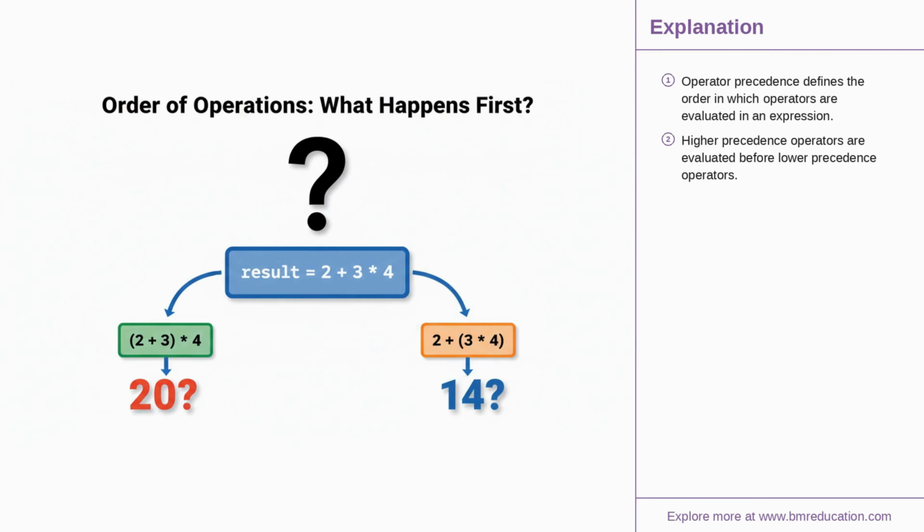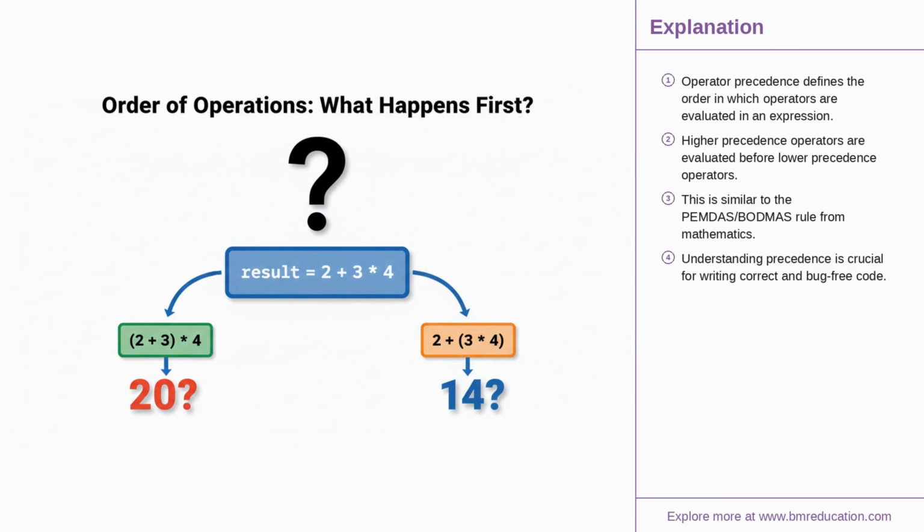With all these operators, how does Python know which one to perform first? In the expression 2 plus 3 times 4, is the answer 20 or 14? Python follows a strict order of operations known as operator precedence. Just like in math class, some operators are more powerful and get to go first.